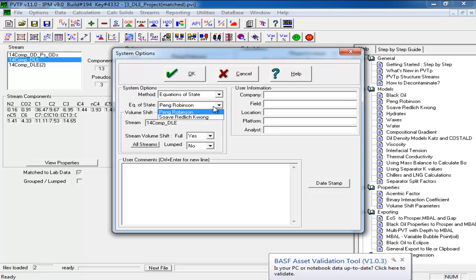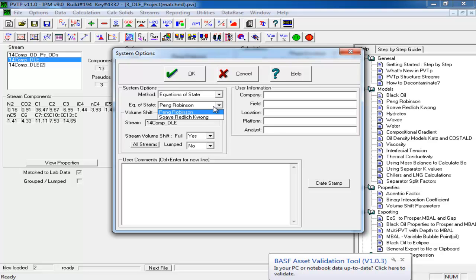Without volume shift, this volume will be the equation of state volume, which is wrong. But when I use volume shift, then they fix this value, which then will fix this volume, and you will have the right value for oil density. You know now why we use volume shift. And we have said before, you need volume shift to fix oil density.